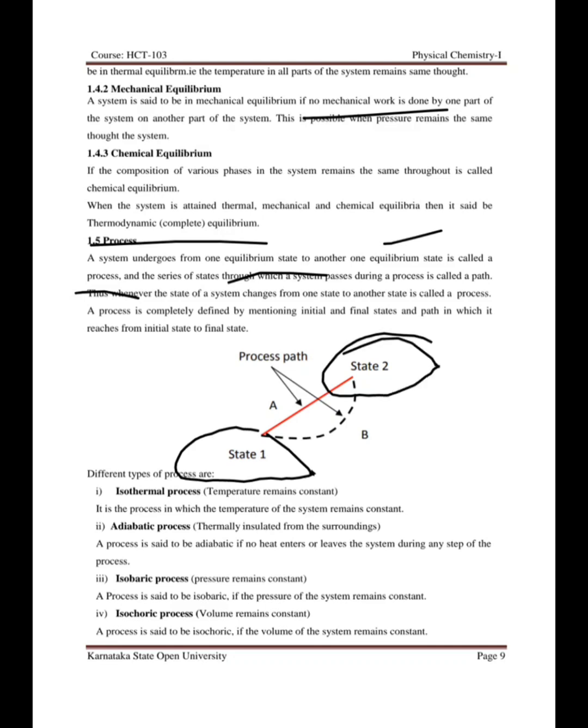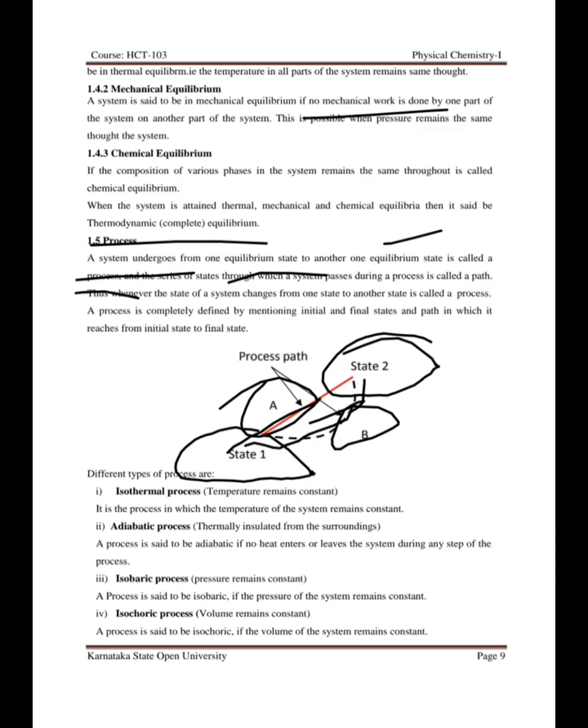The process path may go directly, that is the A path, or it may take some time and go along the B path. The system undergoing a change from one equilibrium state to another is called a process.